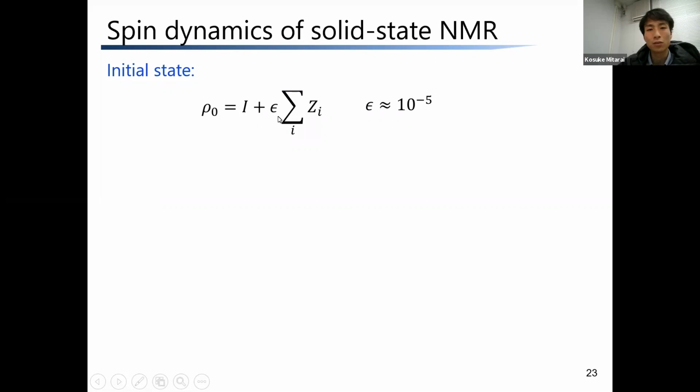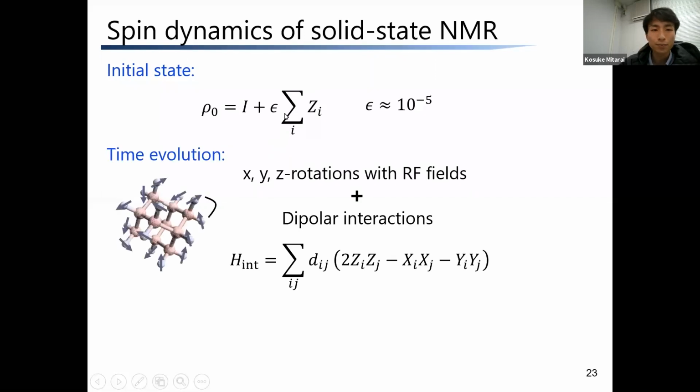So it is not totally initialized to 0, but it is slightly initialized in the 0 direction. And the time evolution of the solid state NMR is governed by the XYZ rotations by the RF fields and the dipolar interaction between the spins. So the dipolar Hamiltonian is something like this: 2ZZ minus XX minus YY.